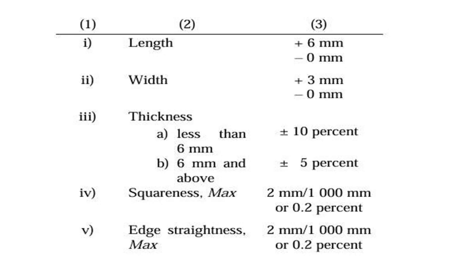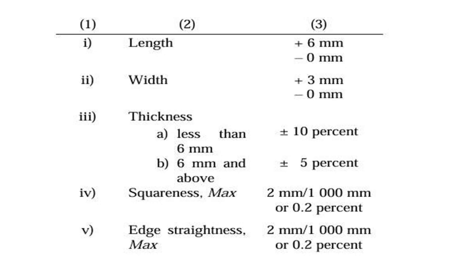So whenever you are getting plywood in your projects or at your site, these are the things you need to check. That's the dimensional tolerance, because it is very much important. If the plywood's dimensions are not proper or not accurate, the table formwork becomes difficult to adjust or to place.